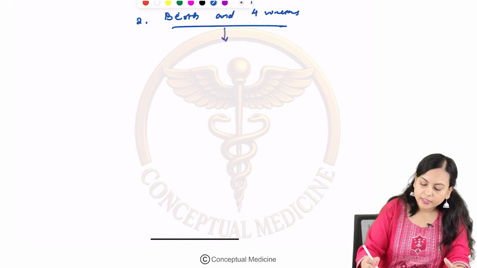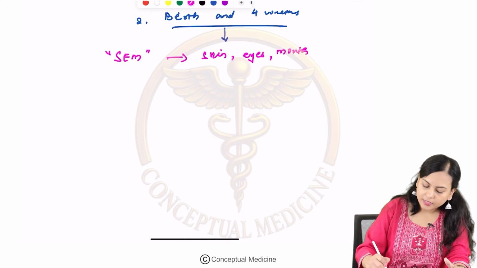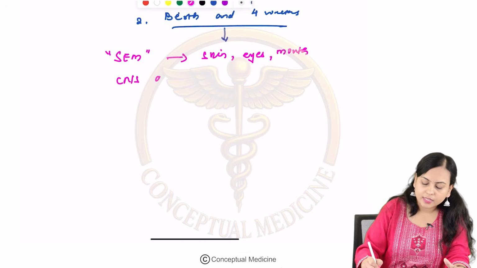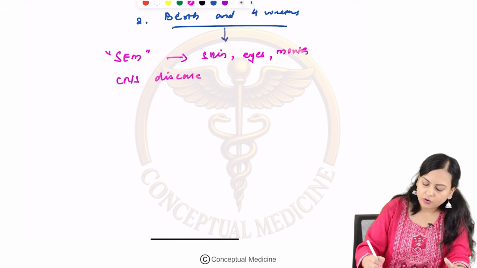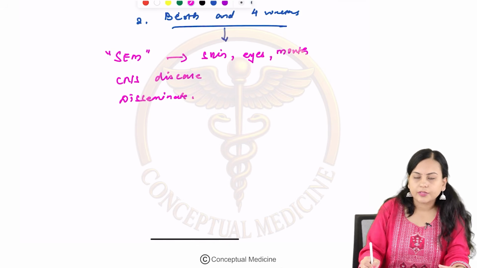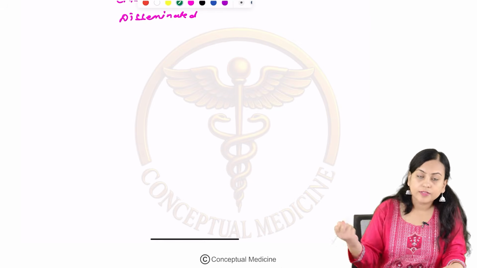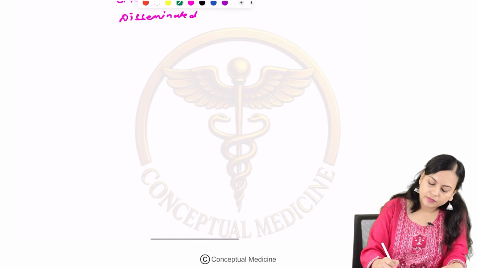One is called SEM disease. Okay, so this is nothing but infection of the skin, eyes and mouth. And then there can be a CNS disease, or there can be a disseminated disease as well. Clear? Right. Now we will see how the diagnosis is made.